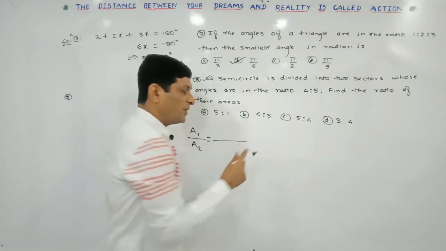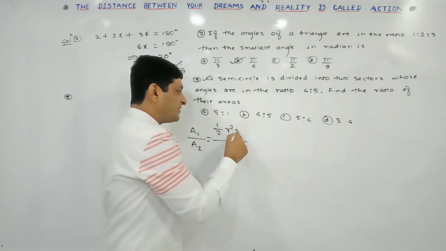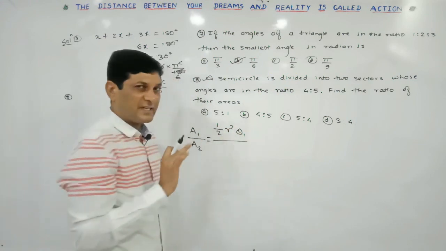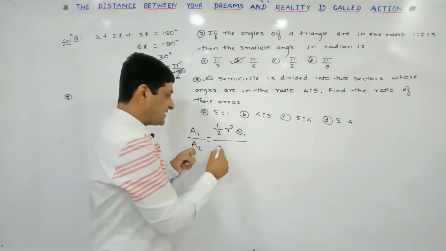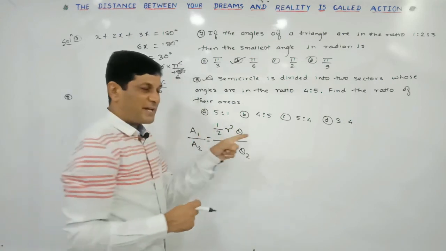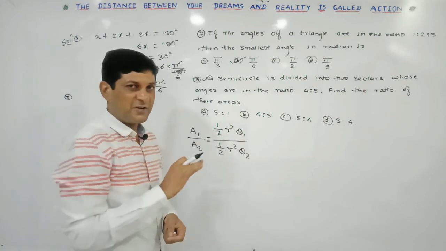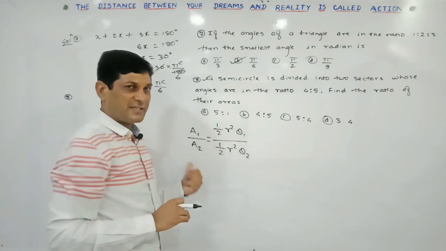What is the formula to find the area of a sector? Half r square theta. For the first sector I am denoting the angle by theta 1, and the area of the second sector is half r square theta 2, where theta 2 is the angle of the second sector.